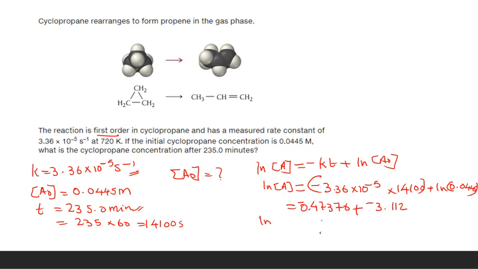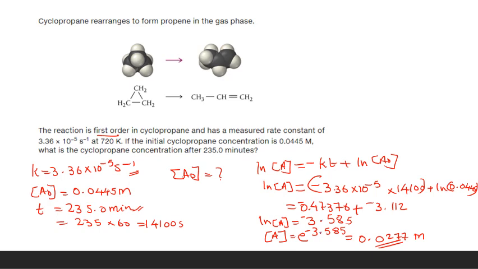And now that is log concentration A equals negative 3.585, and we have to find the concentration of A. So e to the power negative 3.585, that equals, I'll be getting 0.0277. So that is how we can calculate.